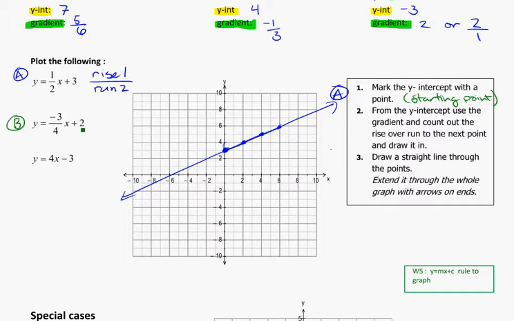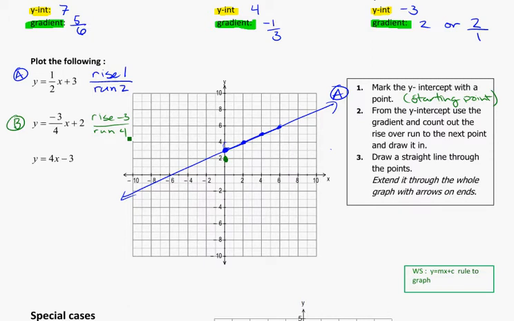It says +2, so that means we'd go up 2 and put in our first point. From that y-intercept, use the gradient to count out the rise over run to your next point and draw it in. So my gradient here is actually saying the rise of -3 over a run of 4.